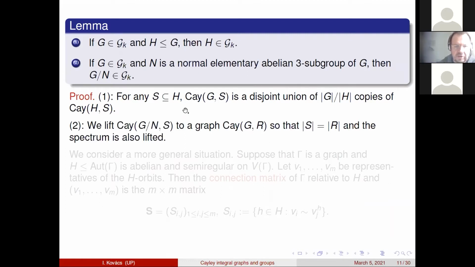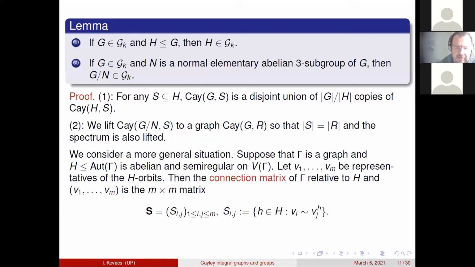For property 2, what we did is take a Cayley graph of the quotient and lift it to a suitable Cayley graph of the group G, so that they have the same valency and the spectrum is also lifted. You can do it in many ways, but I would like to show you one way because it might be interesting. We consider a slightly more general situation.